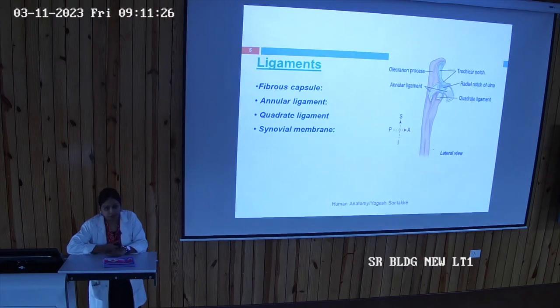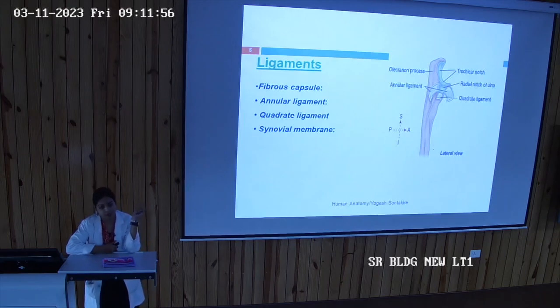Second, we have synovial membrane, which lines the capsular ligament and extends deeper to the neck of the radius. Third is the annular ligament, which is a fibrous band around the head of the radius. It covers four-fifths of the radial head and is attached to the margins of radial notch of the ulna. Then last one is the quadrate ligament. This ligament extends transversely from the neck of the radius to the supinator fossa of ulna.